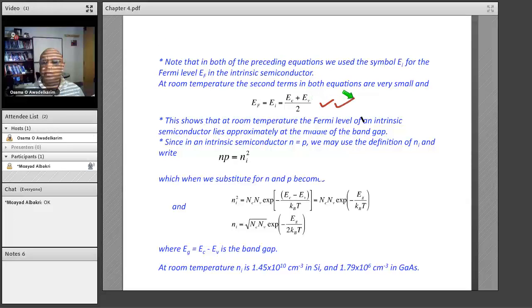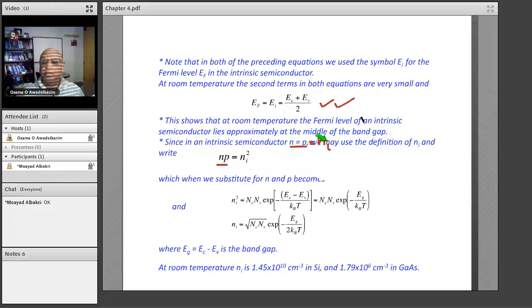That's one thing. The other thing is, since n is equal to p, let's multiply them now and see what we get. Remember, n is equal to p, and each one of them is equal to what I called Ni, which is the intrinsic carrier concentration. So if I multiply them, I get Ni squared.